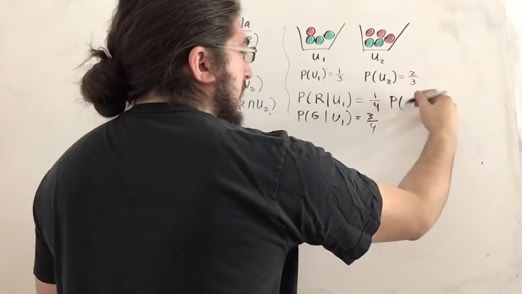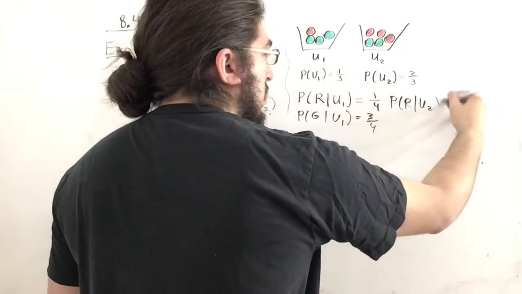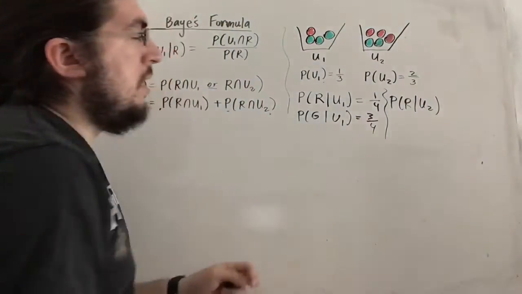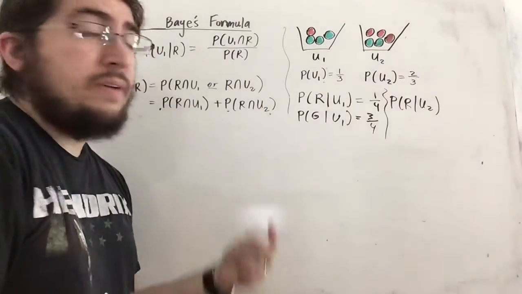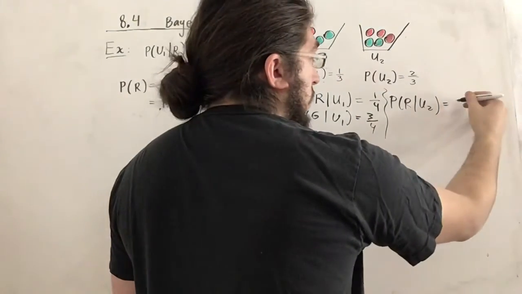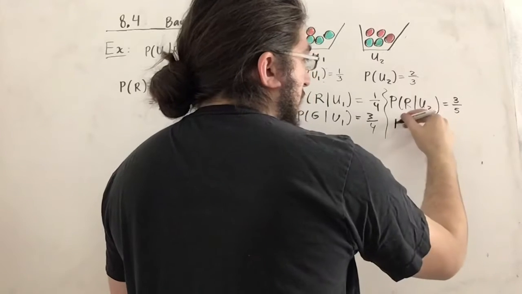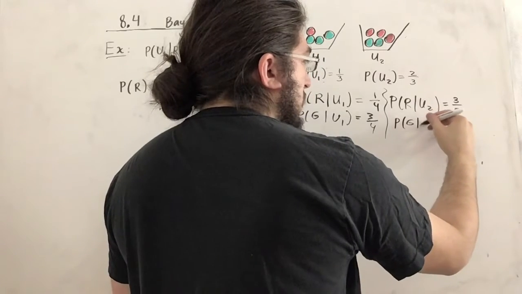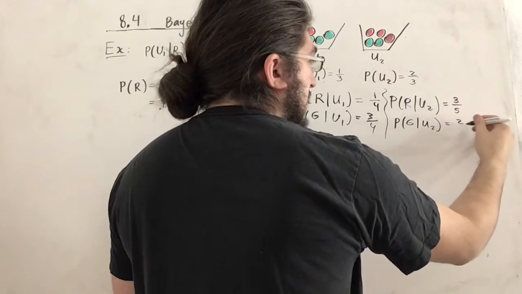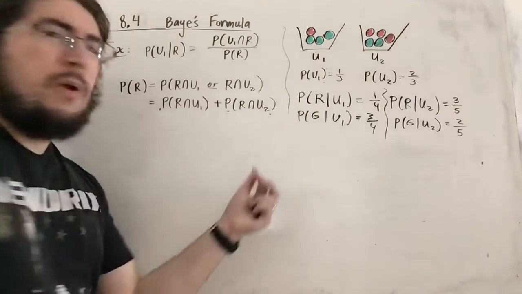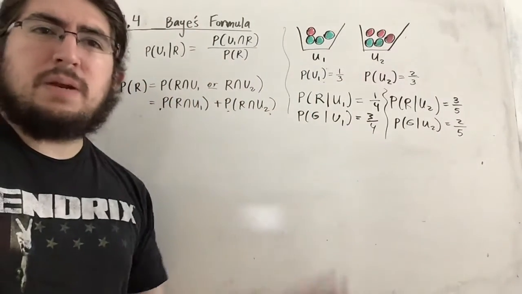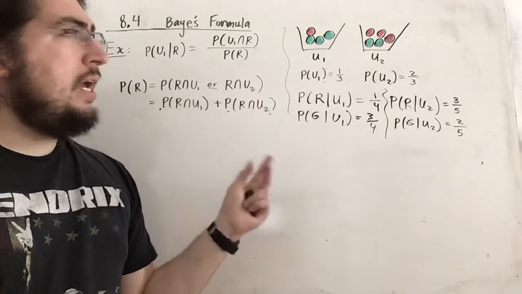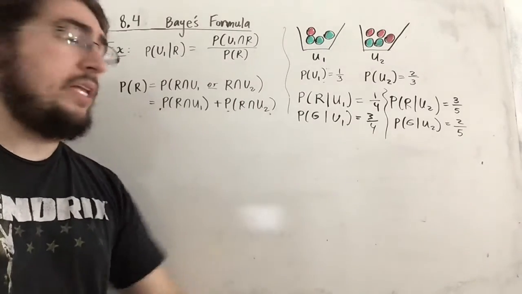The probability that it's red, given that it was in urn 2: how many balls are in urn 2? There are 5, but only 3 of which are red. So this is 3 out of 5. And the probability that it's green, given that it was in urn 2, is 2 out of 5. Now, the green ones, honestly, I don't have to calculate, but I'm just doing that so we can see how you do those sorts of things.